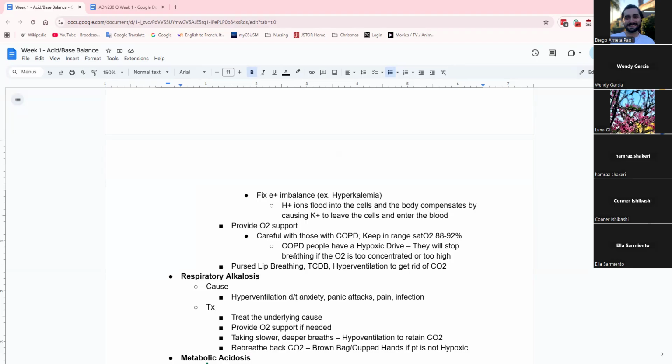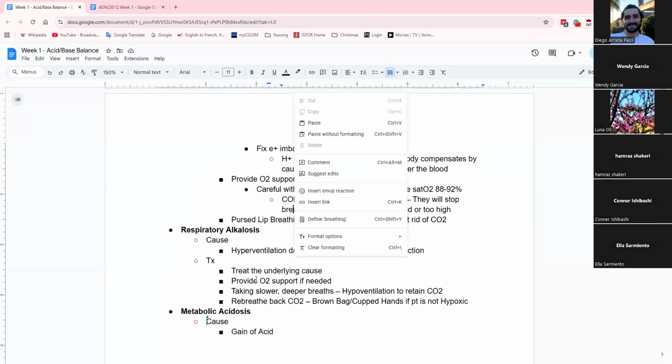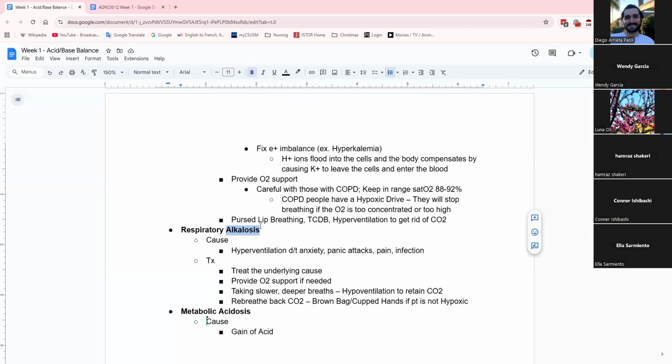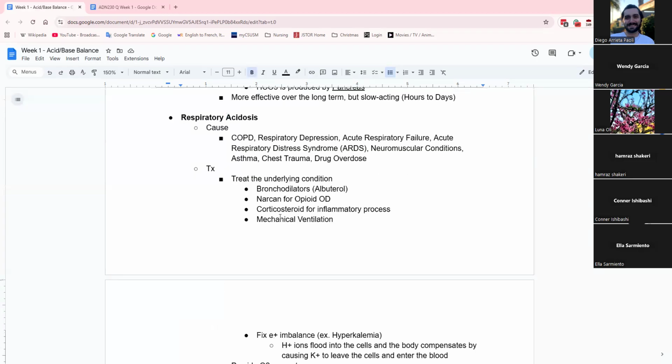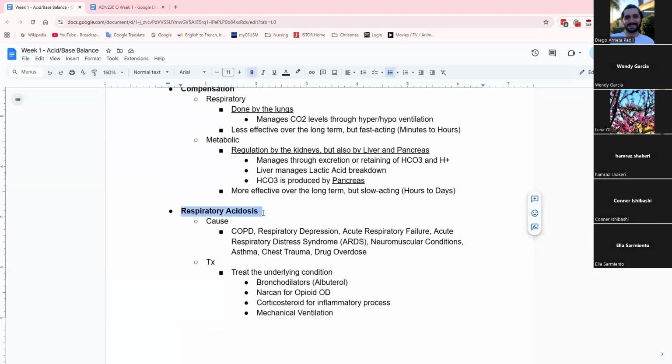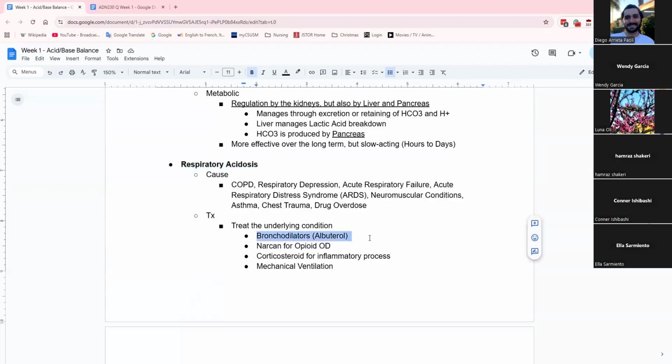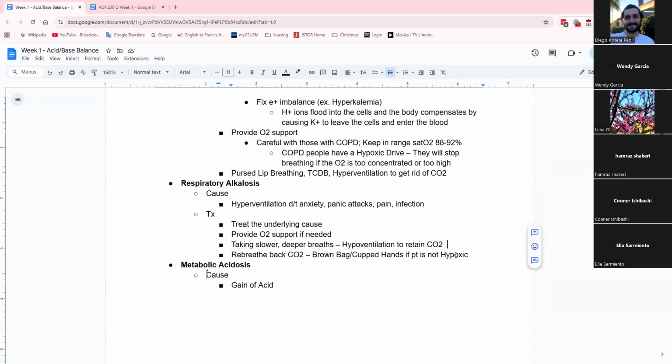Even though they're technically hyperventilating and initially in alkalosis, the person with an asthma attack is moving towards respiratory acidosis, and therefore they're not going to want this treatment, because they might be hypoxic.